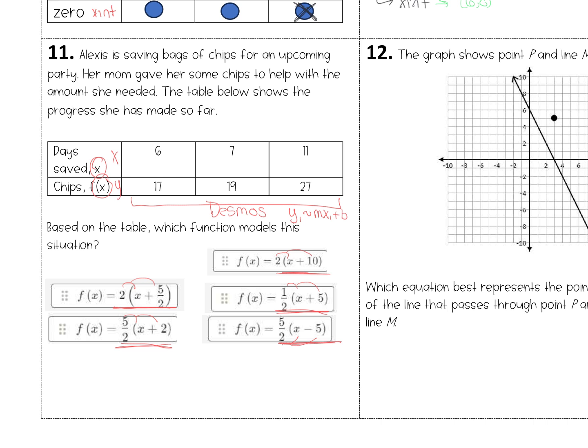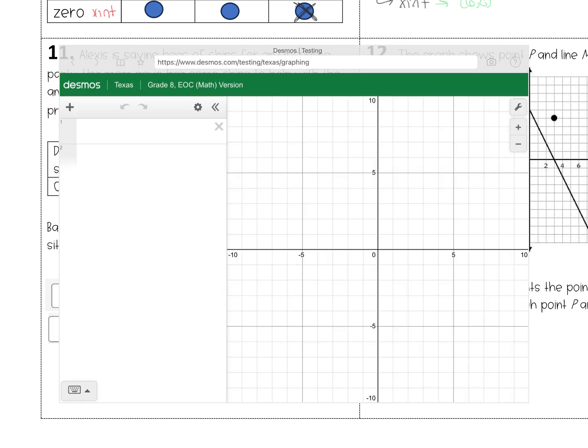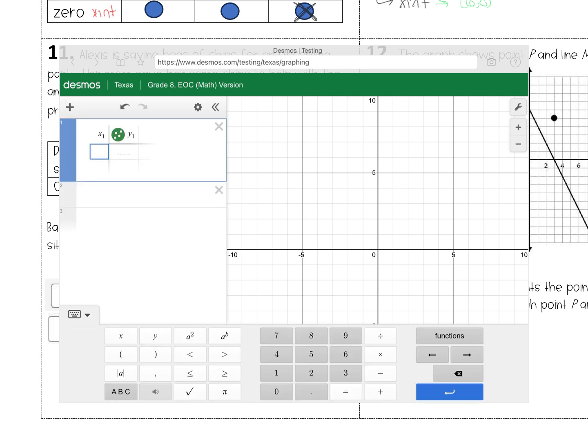So if we put this thing in Desmos, I'm going to press the plus sign for a table, and then in here I'm going to enter my information, which was a 6, a 7, and an 11. In the y column, I put their matching values, which was 17, 19, and 27.